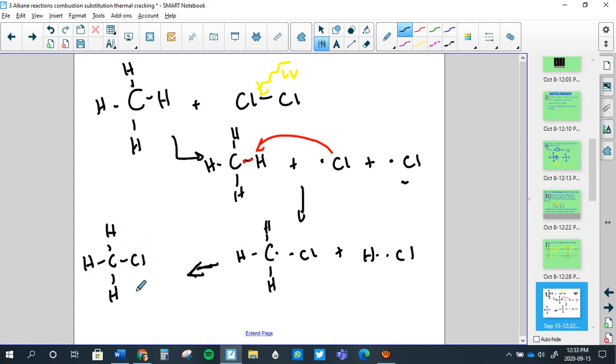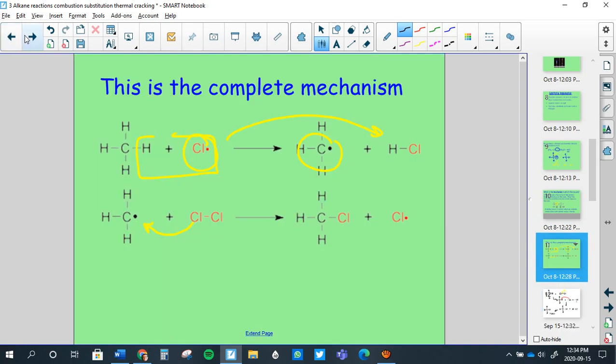We have an alkyl halide produced, a halogen attached to what used to be methane, and a byproduct of hydrogen chloride. And there you go. So that mechanism shown in another way here demonstrates how a substitution reaction occurs in an alkane.